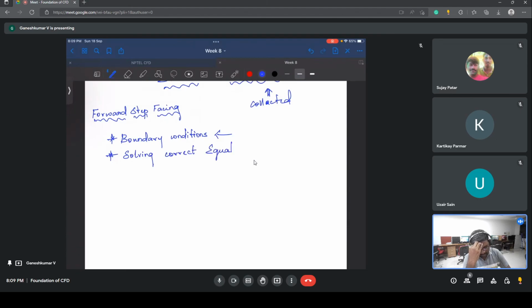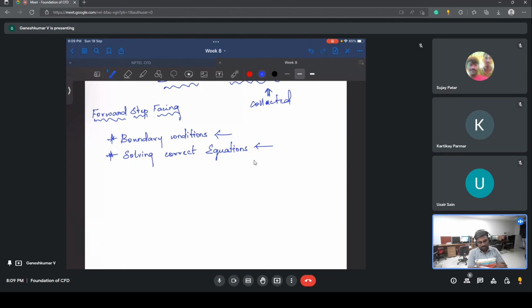Some equations might have eliminated the diffusion term, some might have eliminated the convection term. So you should understand your problem and your domain, know what your boundary conditions should be, and solve the correct equation. If you make sure these things are right, the solution algorithm will give you a proper solution.